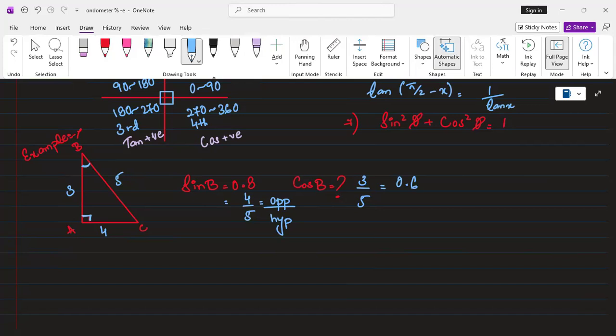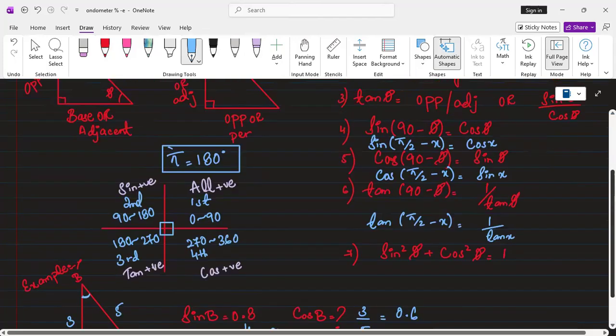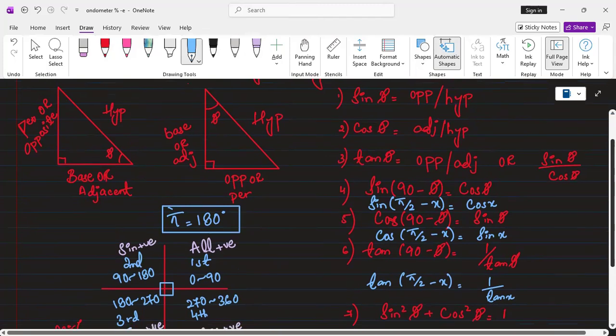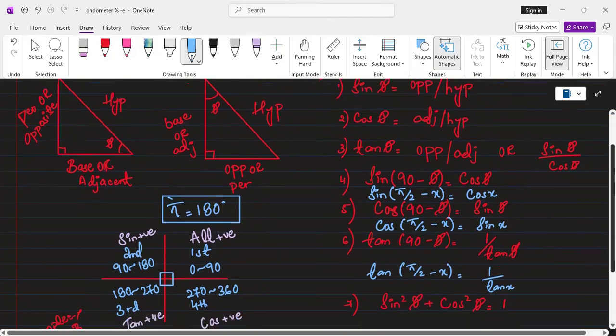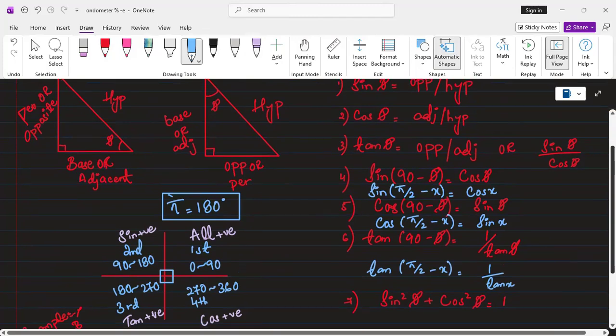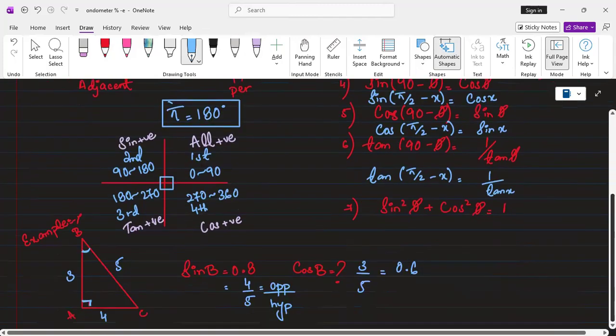Okay, so I have shared the topic of trigonometry, and I want you to attempt these questions. These questions can be done on the basis of these 7 identities. These are basic trigonometry questions that they ask you in the set. So you need to know the 7 identities, the concept of quadrants, which quadrant has a positive or negative sign for sin, cos, or tan, and the concept of similar triangles.